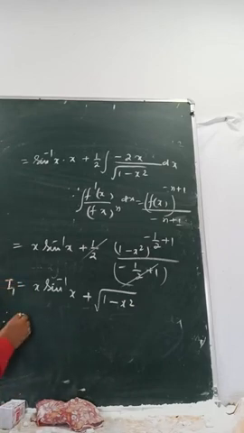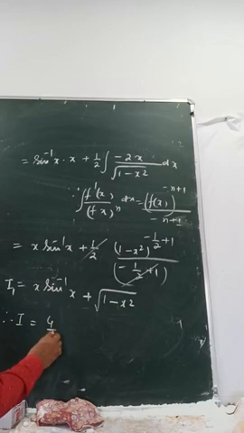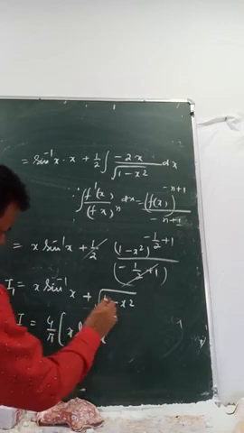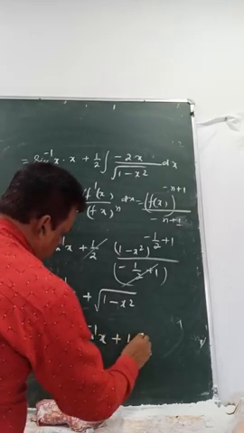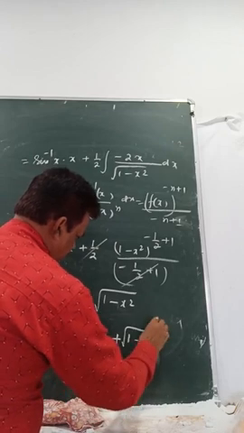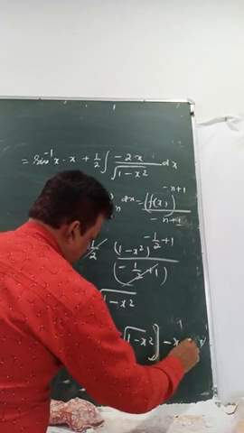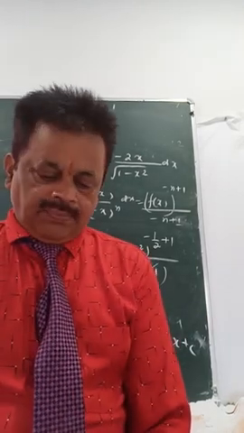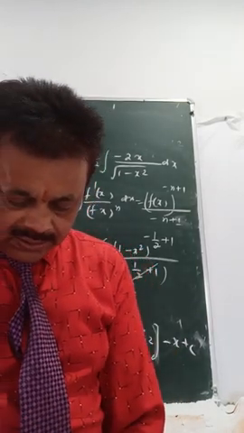Therefore, I equals 4 by 5 x sin inverse x plus root of 1 minus x square minus x plus a constant. Okay. See some more questions again.